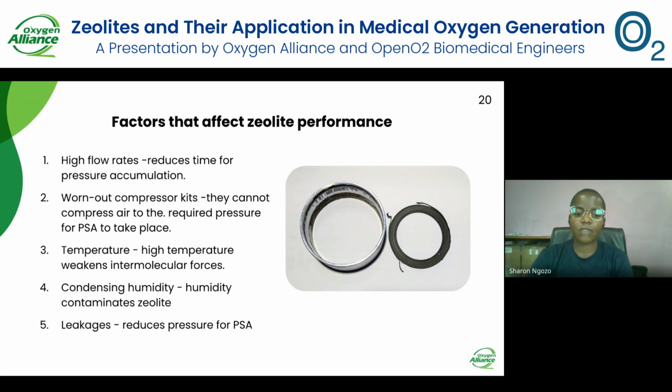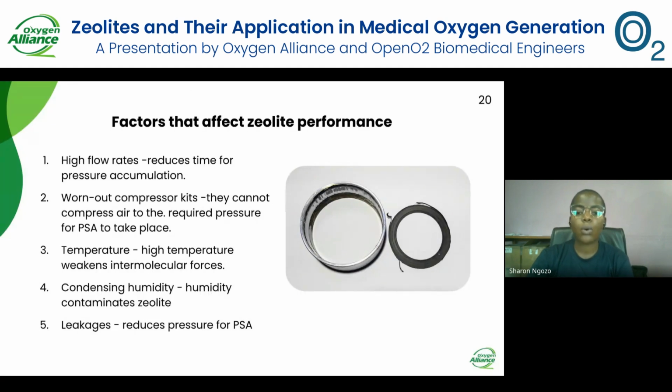As I've already said, for pressure swing adsorption to happen, there's supposed to be pressure accumulation in the zeolite column, and this pressure needs to reach the recommended pressure for the whole process to start. If the pressure doesn't reach the recommended, it means that there won't be any adsorption happening in the beds. As a result, this will cause low purity.